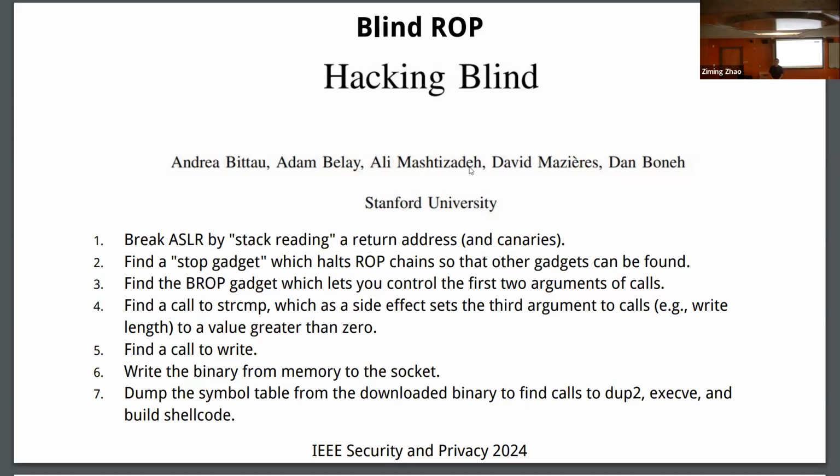Then you need to find gadgets to pop to RDI, pop to RSI, and maybe a size. Size should be RDX, but probably that's not important anymore because very likely the RDX value will not be 0. In the paper, they call those gadgets the BROP gadgets.